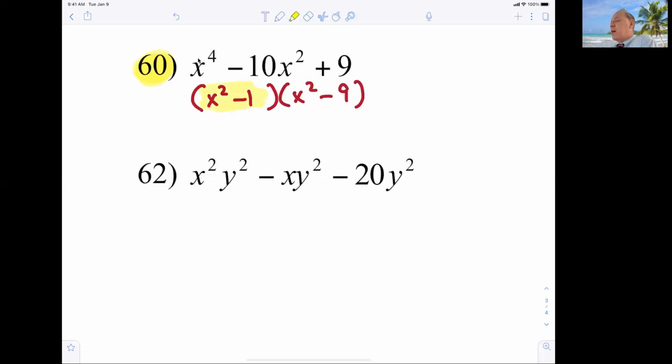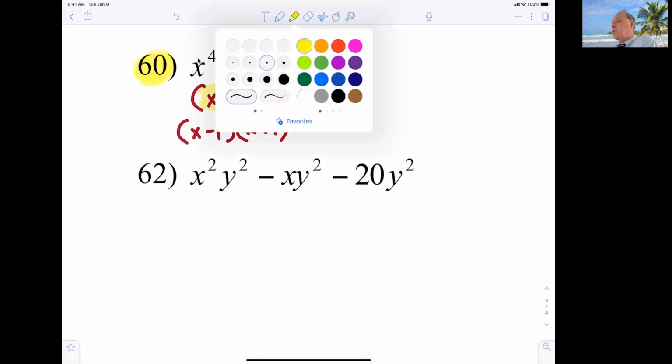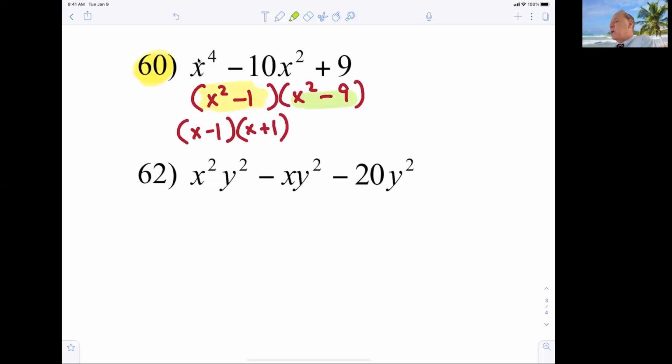That definitely can factor. That will factor to what? Good. x minus 1, x plus 1. Then what you can do is you can look at x squared minus 9. What does that factor to? Say it. That is exactly right. x minus 3, x plus 3.